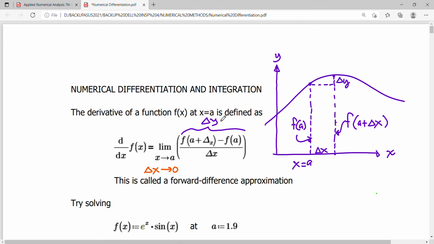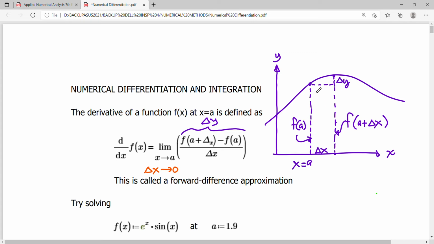So the limit of this ratio as delta x becomes smaller and smaller until it approaches 0, and x is defined exactly at that point a. You have no choice but to interpolate it at that point.